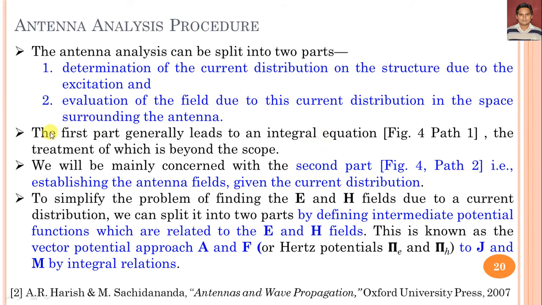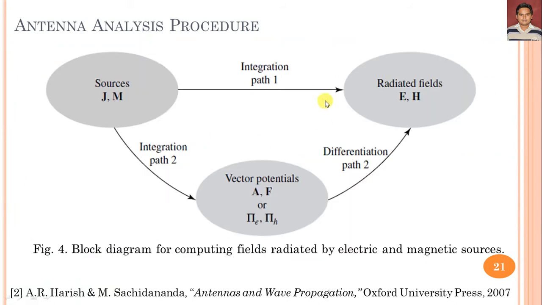This is very complicated, and the treatment of it is beyond the scope of my knowledge. So we are not considering the first part, given in figure 4 by integration path 1.